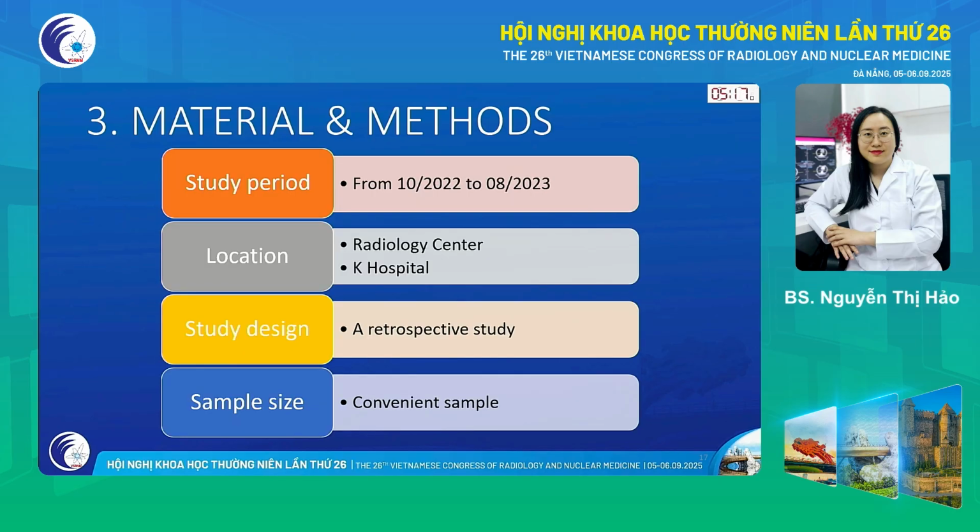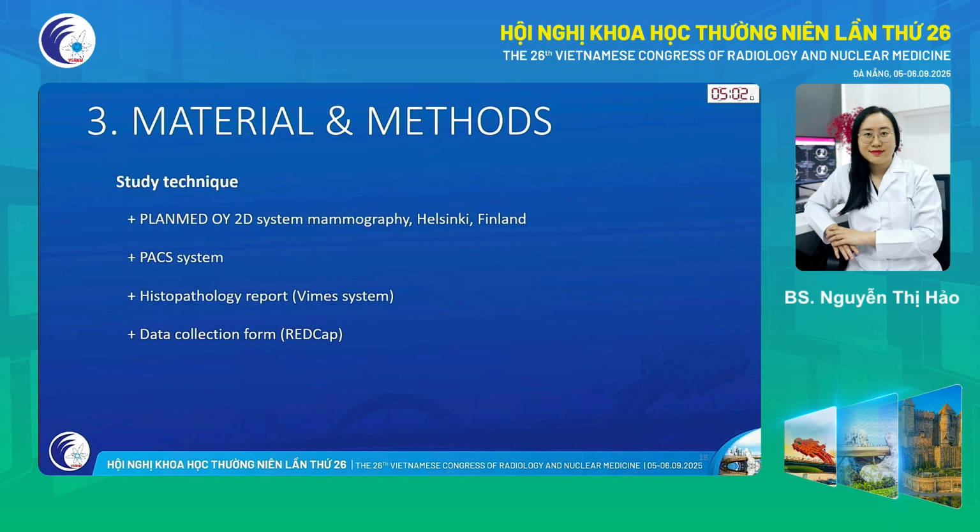About the material and method of the study, we conducted a study from October 2022 to August 2023 at the Radiology Center in the K Hospital. The study was retrospective with a convenience sample. Here's the study technique.